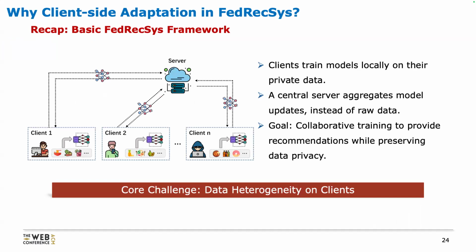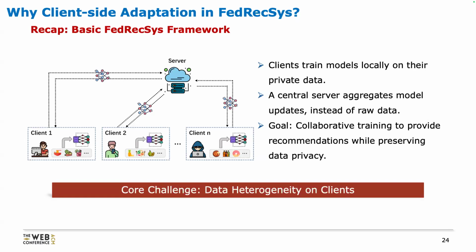So let's start by briefly revisiting the standard FedRec framework, often built upon principles like FedAvg. As you recall, the core idea involves clients, typically users' devices, training recommendation models locally on their private interaction data.